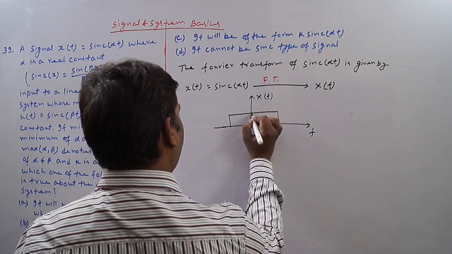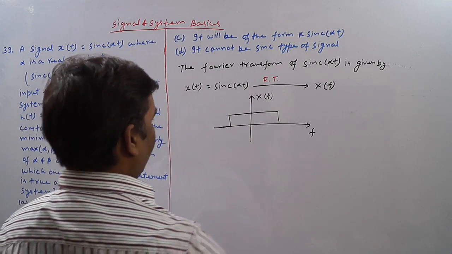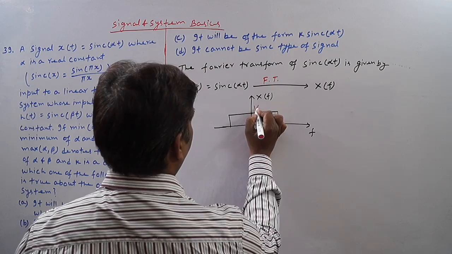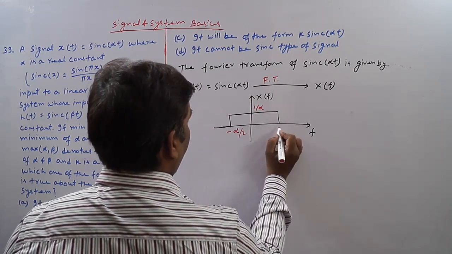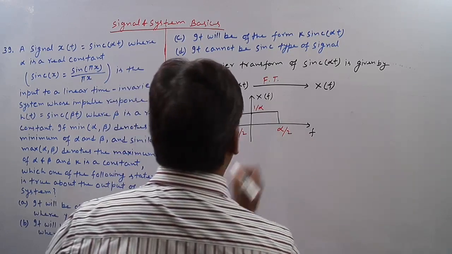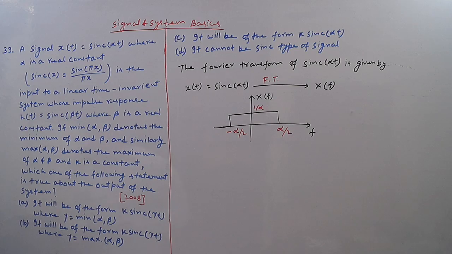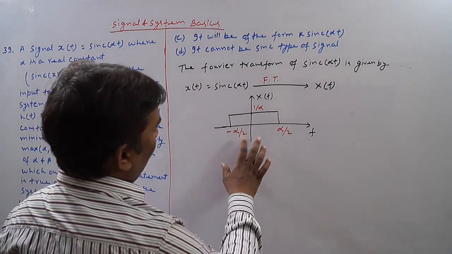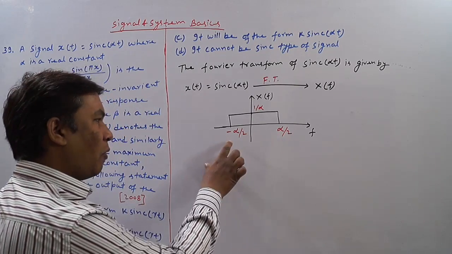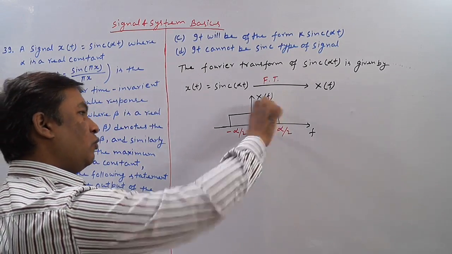This magnitude will be 1 by alpha, and it will vary from minus alpha by 2 to plus alpha by 2. So X(f) will be a rectangular pulse of width alpha, varying from minus alpha by 2 to plus alpha by 2, and of magnitude 1 by alpha.